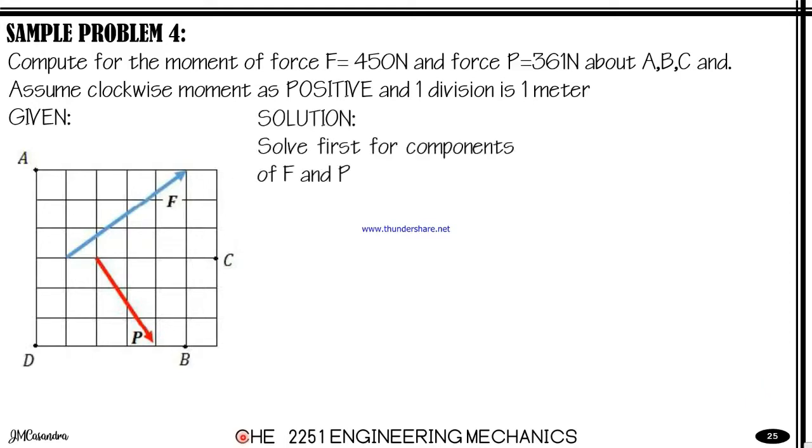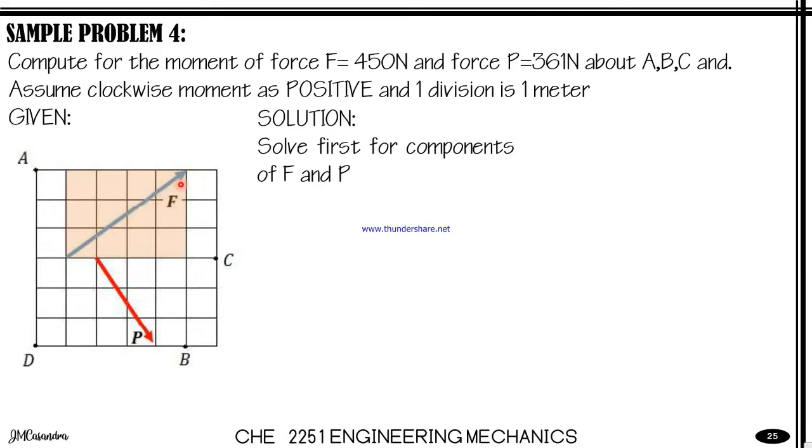So in order to solve for the components of force F and force P, we base it on our diagram. So for force F, we'll have 1, 2, 3, 4 for the horizontal, and 1, 2, 3 for the vertical.